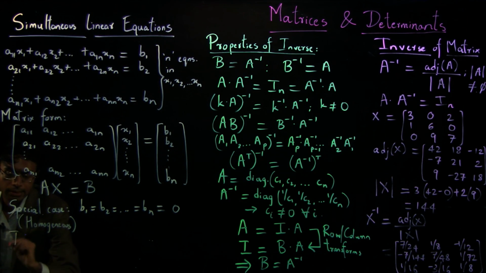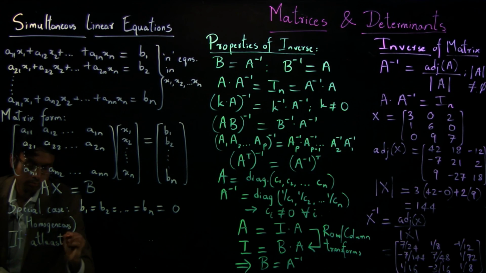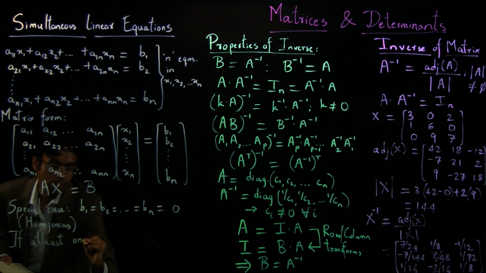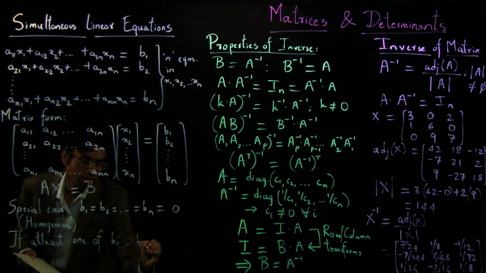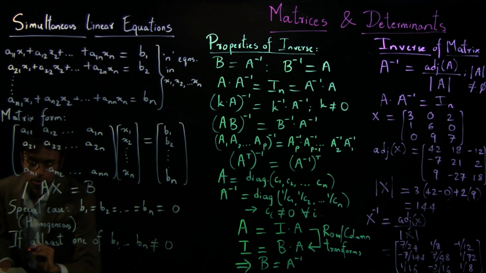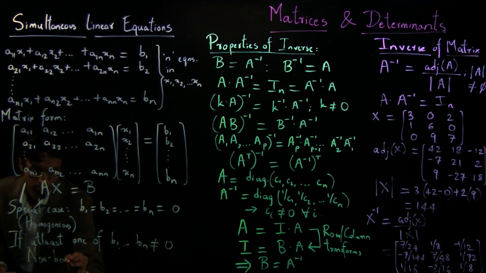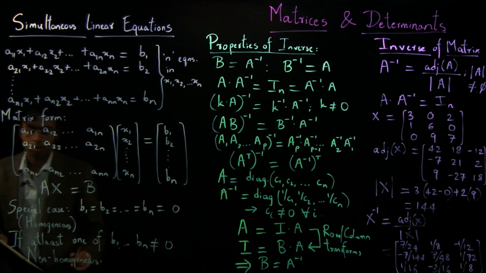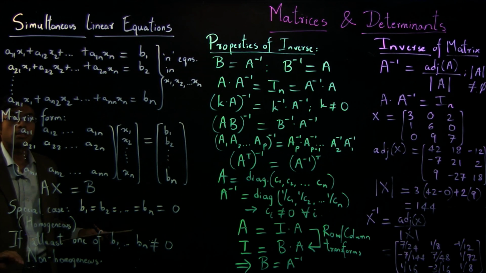And if at least one of b1, b2, bn is non-zero, the set of equations is called non-homogeneous. And we will look at this general case first.